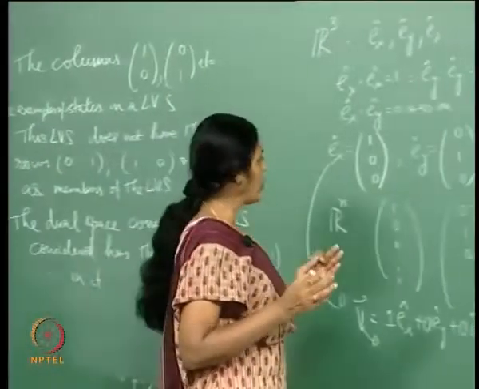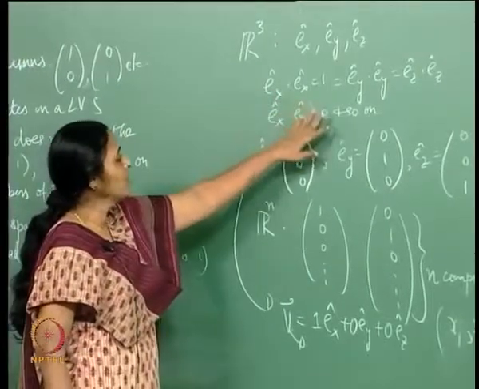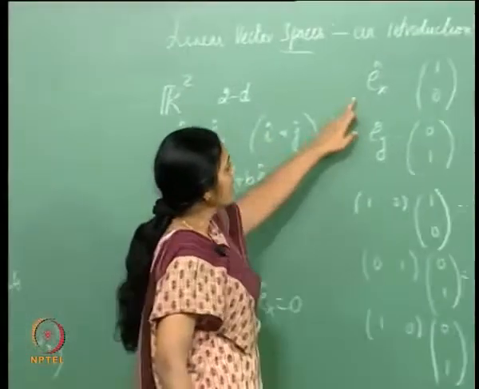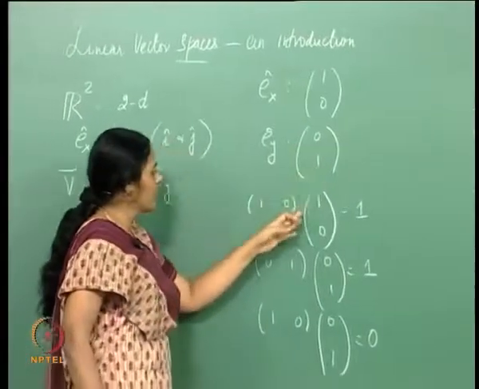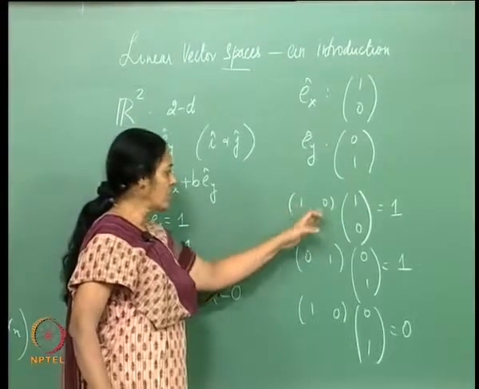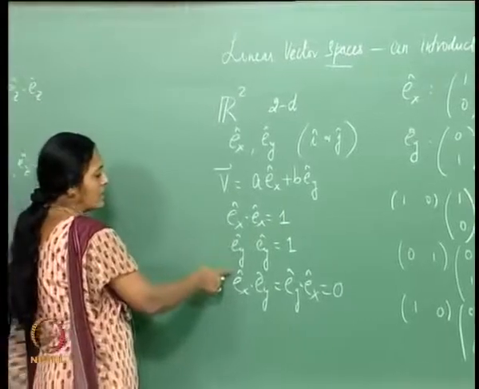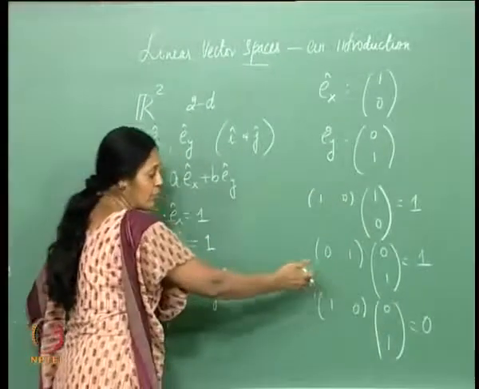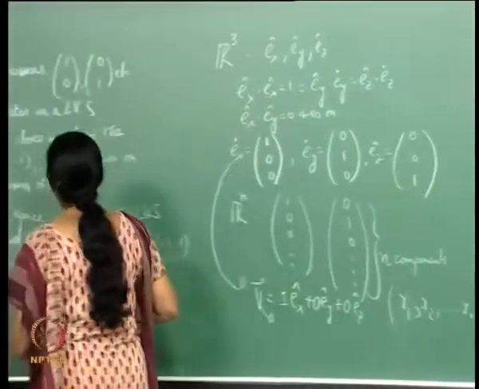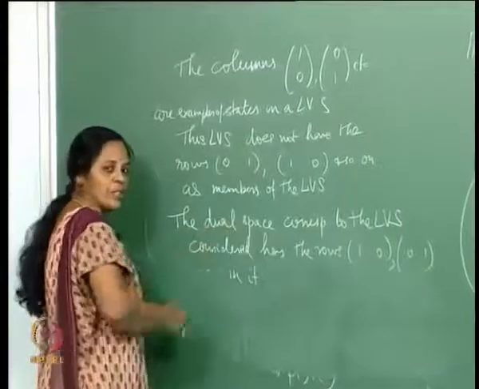Now, this aspect would not have come out if we had just stuck to Ex, Ey and Ez. And in that sense, writing Ex and Ey in terms of columns and also introducing the row 1 0, 0 1 and so on, in order to put down these relations in the language of columns and rows, has helped us understand that for the linear vector space there is a dual space.